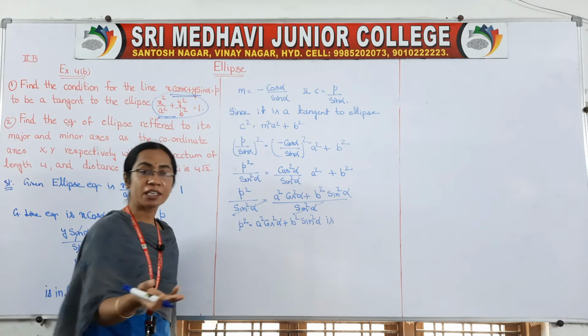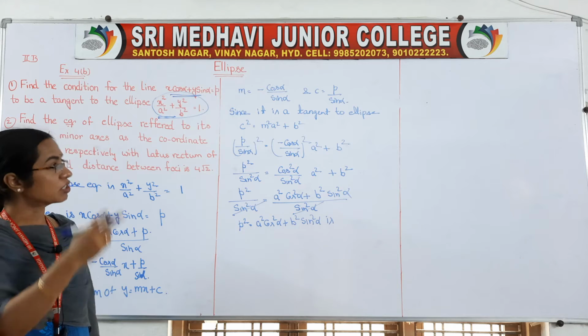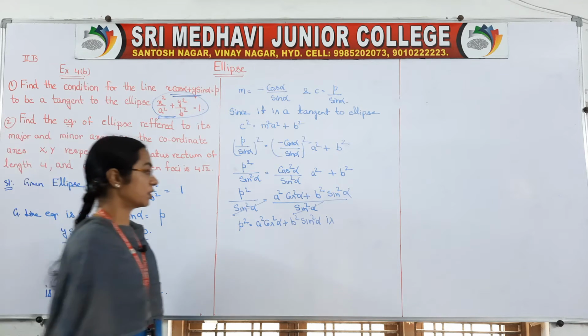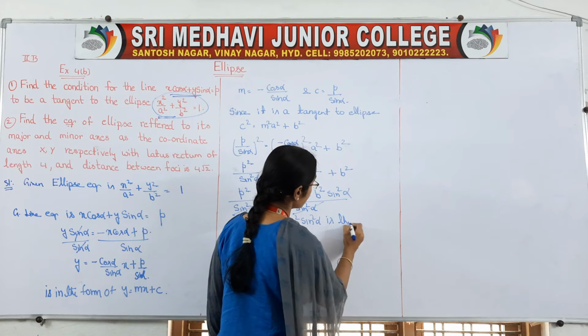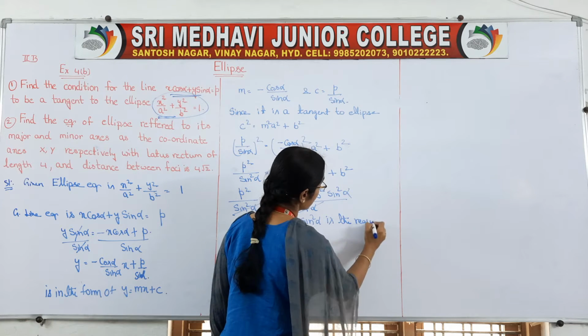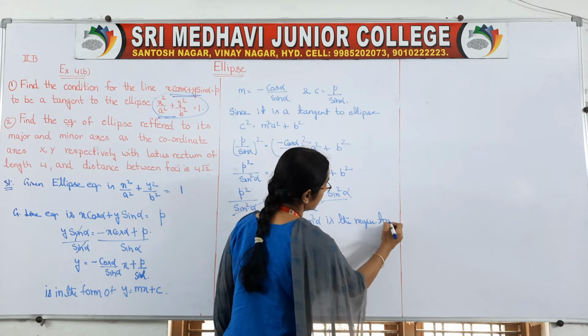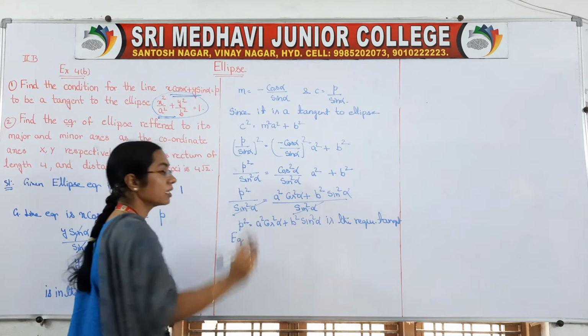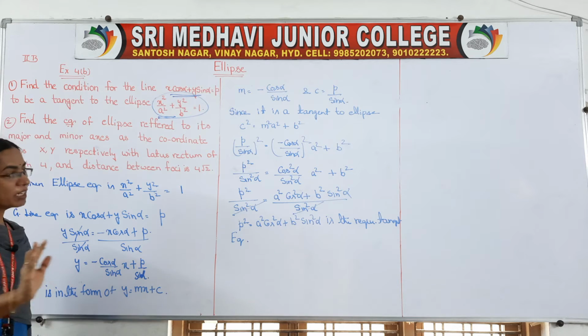is the required condition. We have to find the condition for that line to be a tangent to the standard ellipse. So, that is the required tangent condition. Okay, that is the answer. So, very simple.